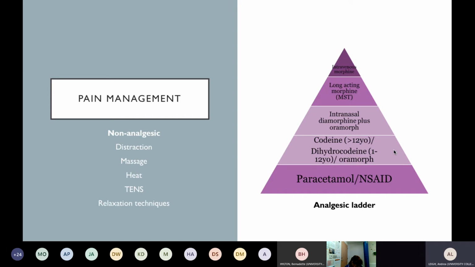We can use fentanyl, particularly if they've got an abdominal girdle syndrome, where you want to avoid worsening constipation, or if they get very symptomatic with side effects from morphine, or for acute chest syndrome, because it doesn't cause so much hypoventilation. And some of the older teenagers, particularly, we do use oxycodone as well.